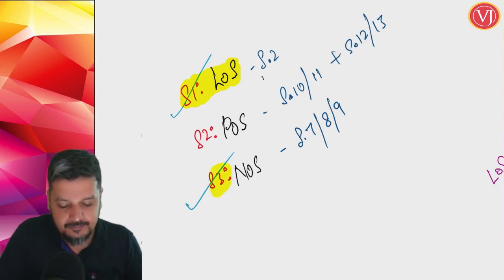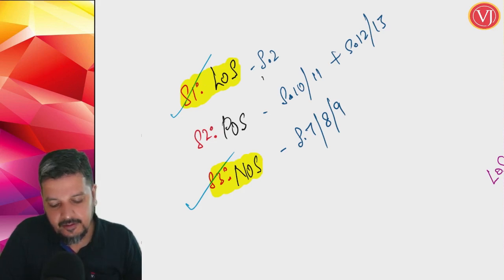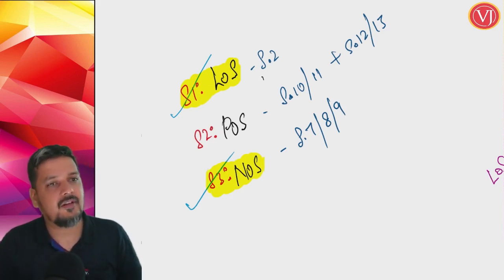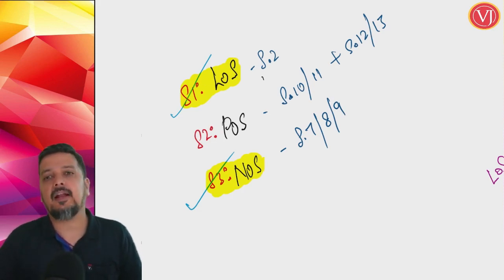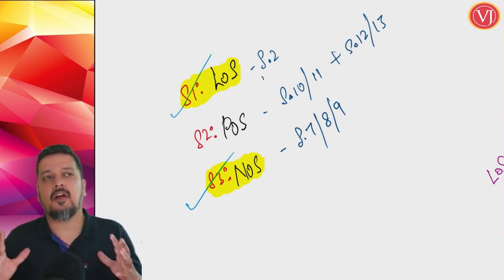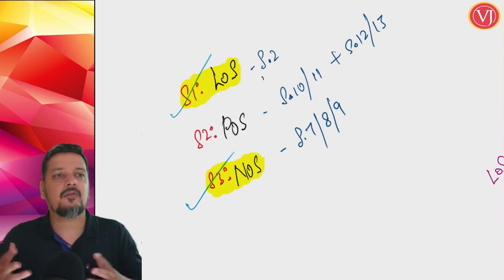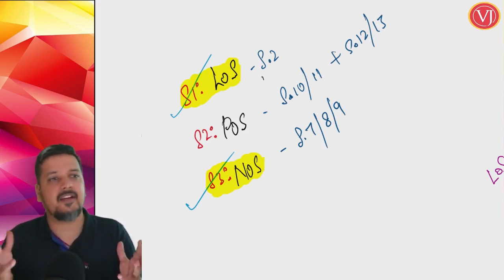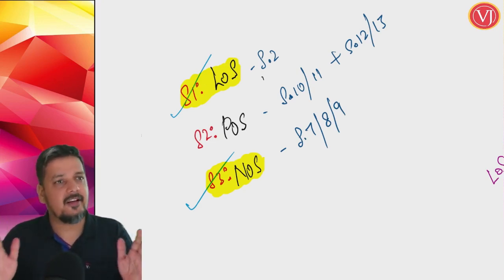Step number 3 is nature of supply. Till now, the general mindset of students is that it is CGST, SGST or IGST, correct? Generally that is true.